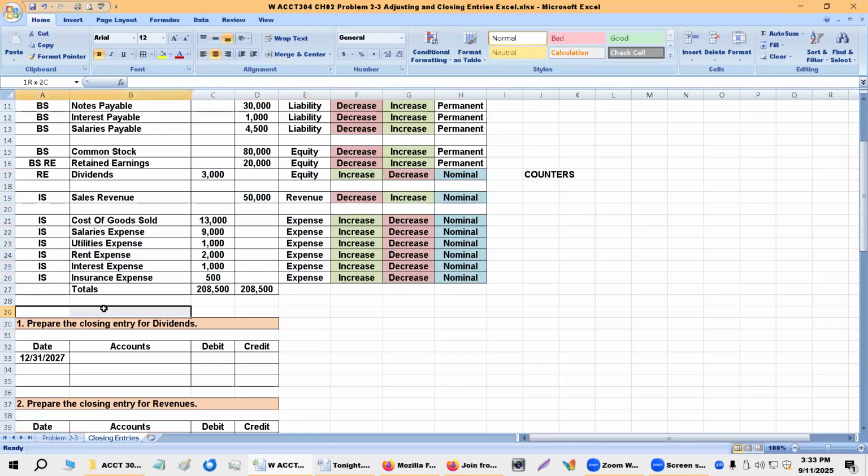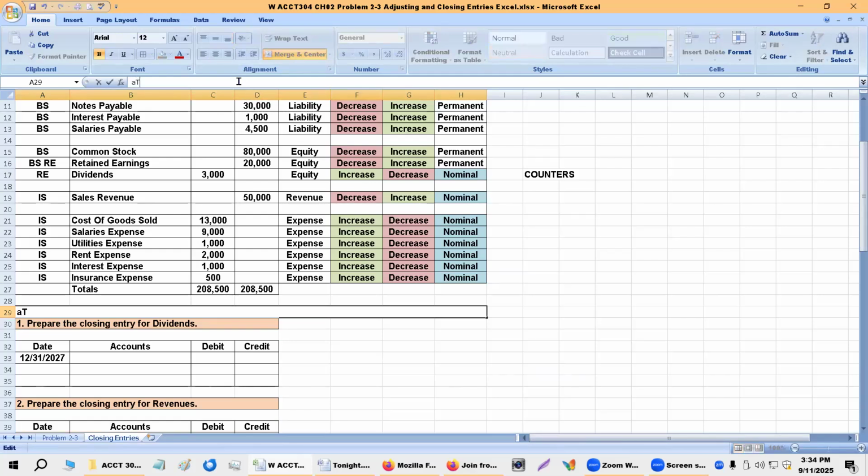I should put that somewhere here. At year end, all nominal accounts are closed to retained earnings.